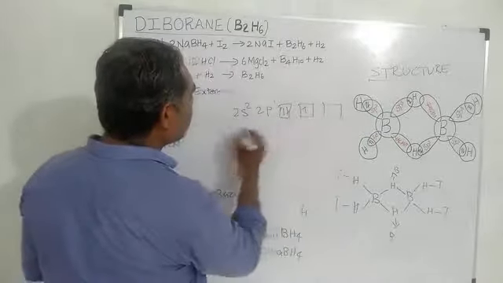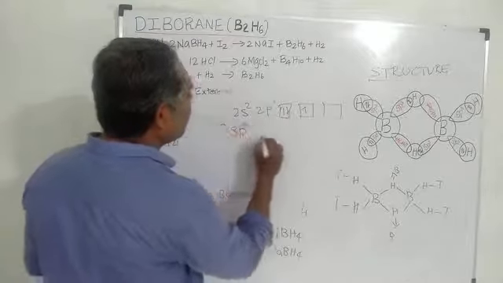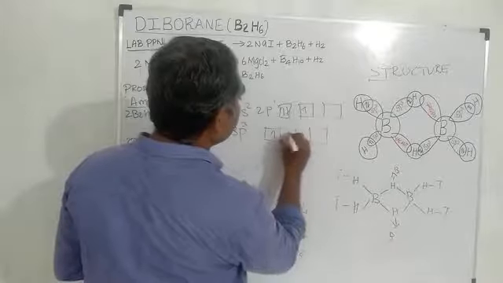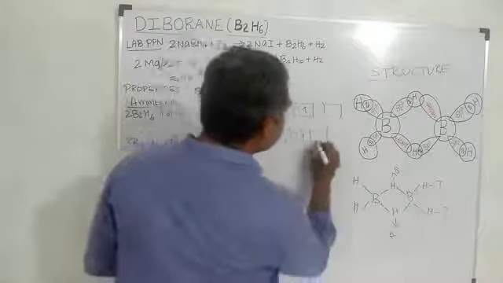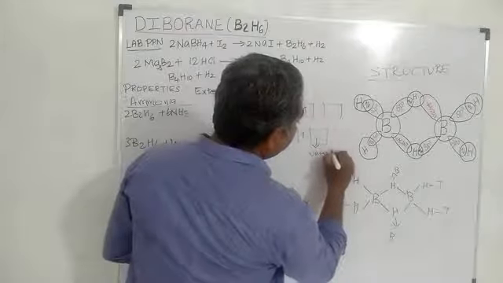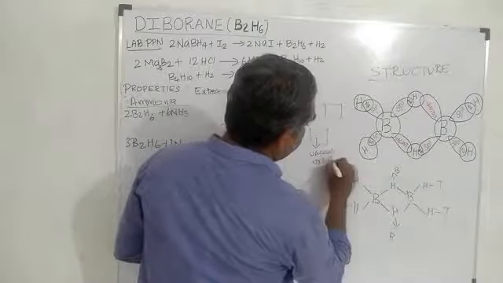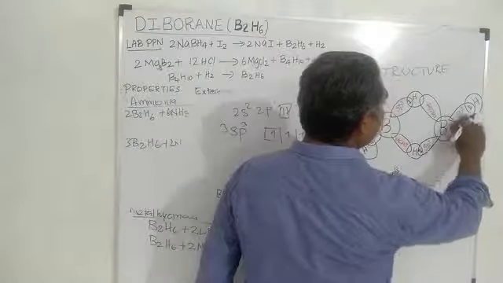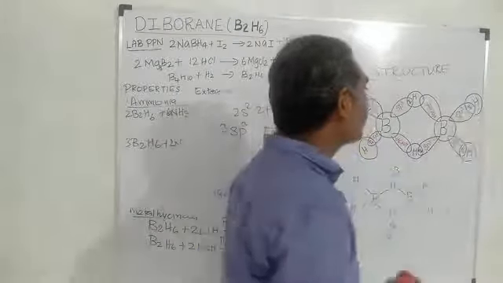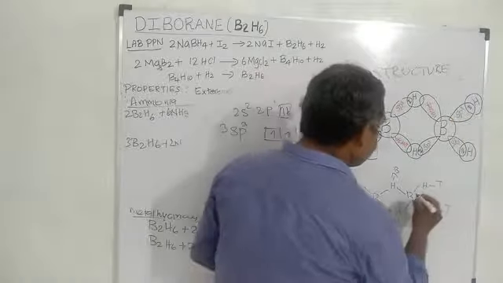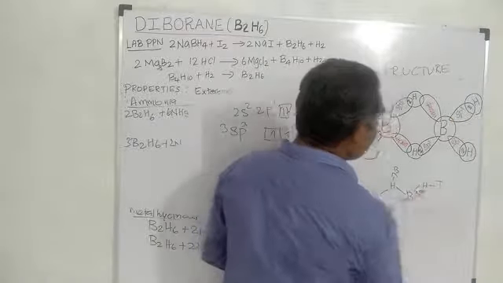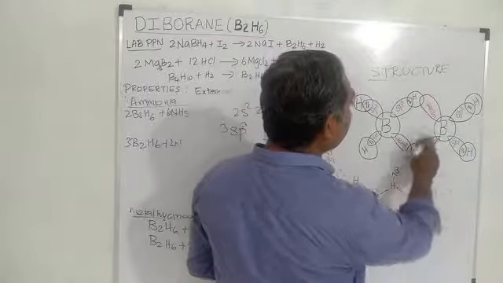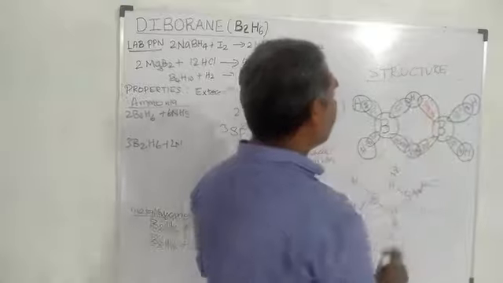After hybridization, there will be 3 sp3 bonds, and the fourth is a vacant orbital. So boron has a vacant orbital. In the first orbital, 1 electron is mutually shared, so it makes a bond. That is an sp3 bond. Another electron makes a bond, and the third electron is also making a bond. The fourth is a vacant orbital.